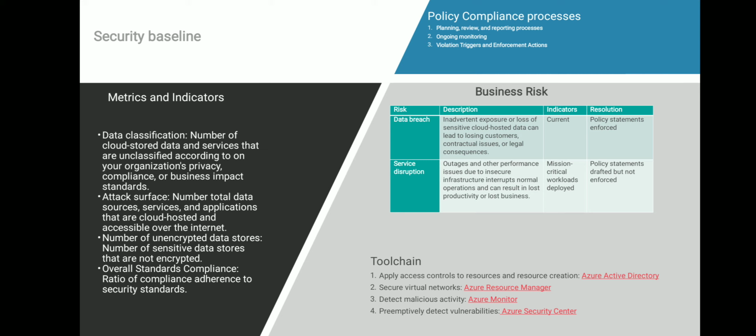Policy and compliance process is the same as I mentioned in cost management, but the content will be different. So: planning, review and reporting process, ongoing monitoring, violation triggers and enforcement actions. Every time some policy or rule has been violated, that increases the risk of attack.